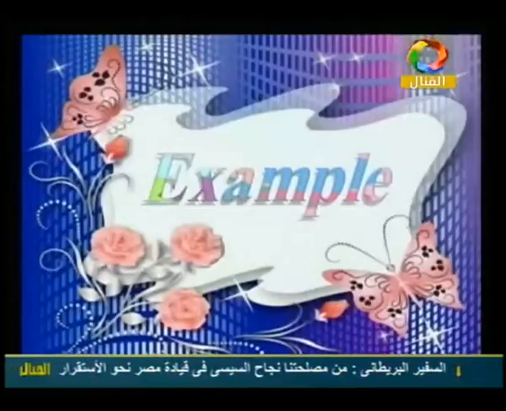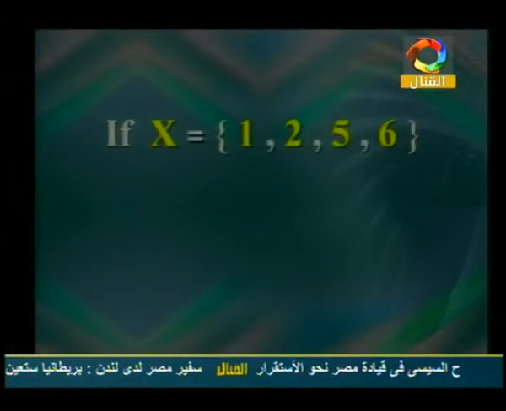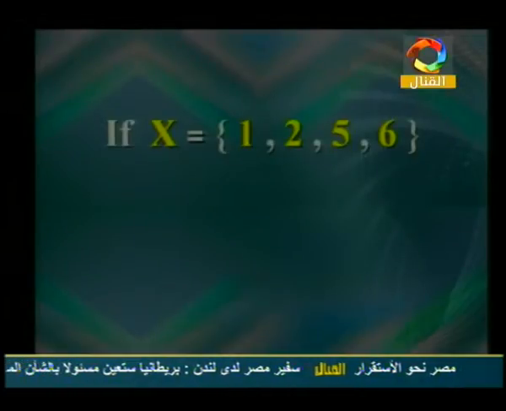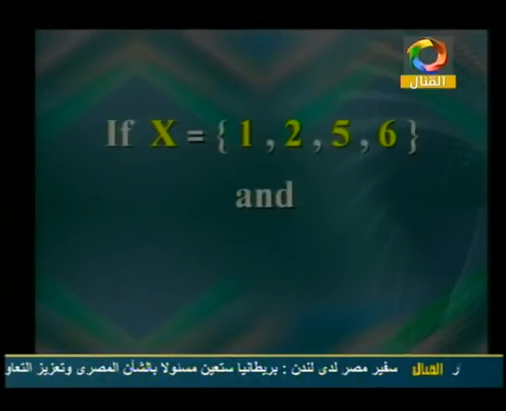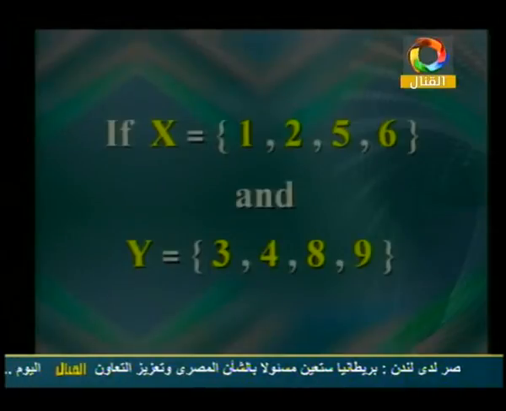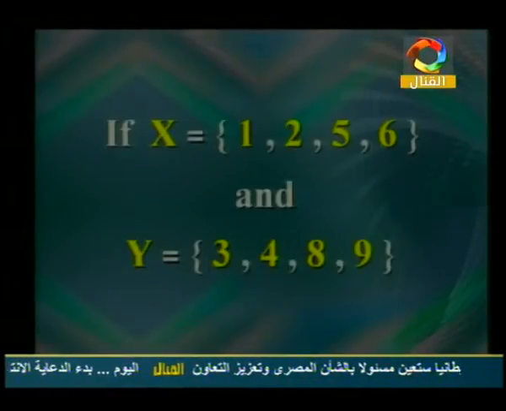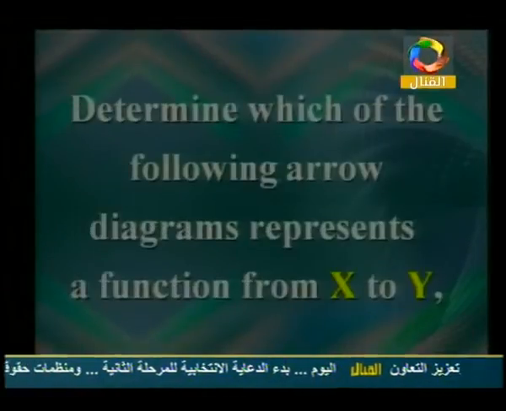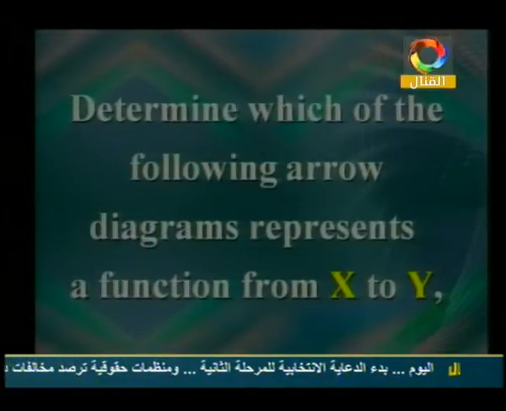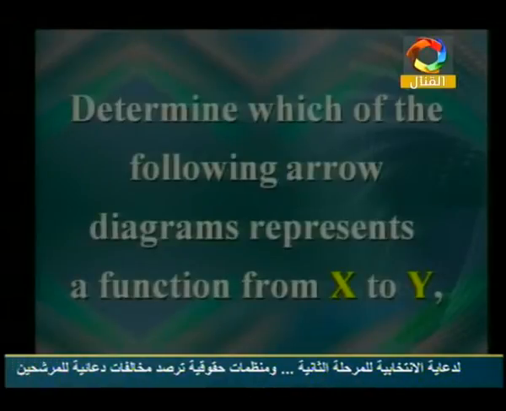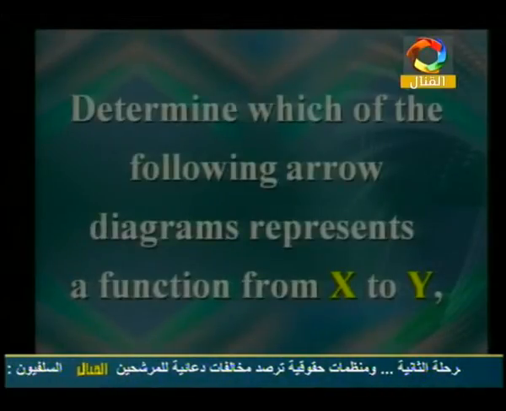Example: if x equals 1, 2, 5, 6 and y equals 3, 4, 8, 9, determine which of the following arrow diagrams represents a function from x to y.